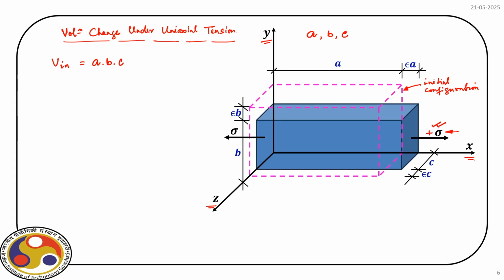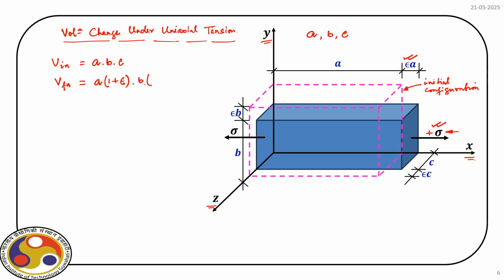Now, the length A is increased by an amount epsilon times A. So, that is the net deformation along x. Similarly, we can also find out the deformation along the y and z axes. So, we can actually find out the final volume. For that, the new dimension along x is A times 1 plus epsilon. Then the other two dimensions B and C have also changed.